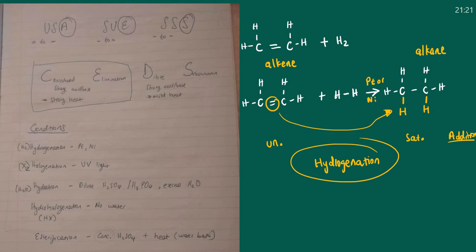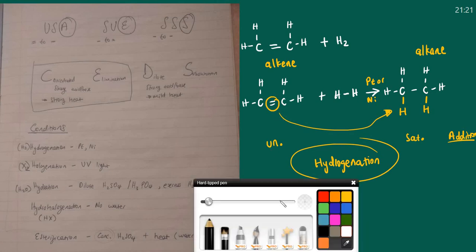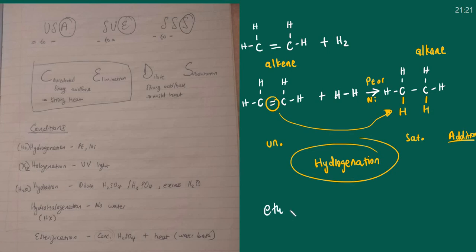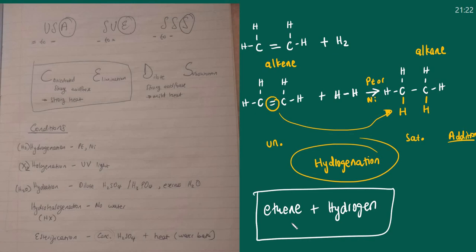This is an ethene, right? You can have that ethene and then you have hydrogen in a container, and they will not react unless you put platinum inside or you put nickel inside, then it will occur fast.